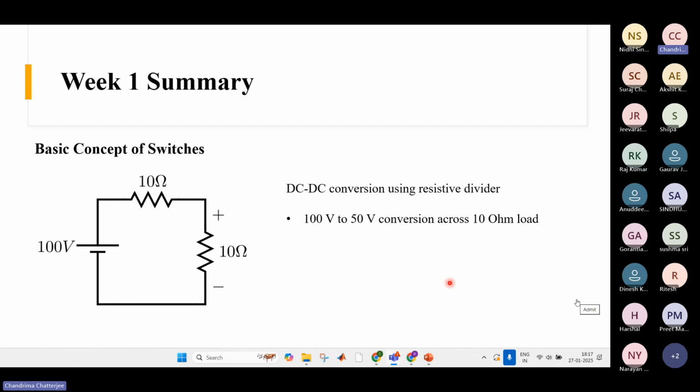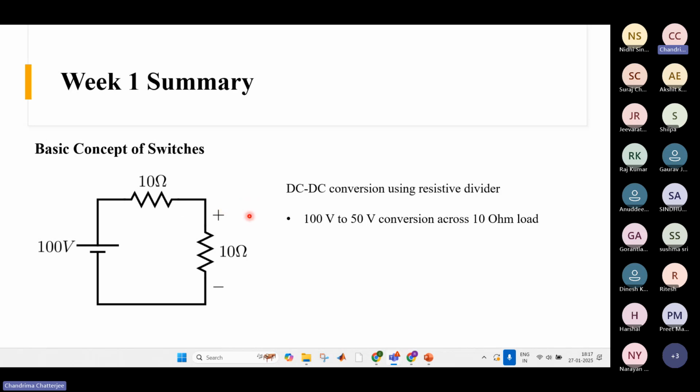You were right. So the problem is that even though you are getting a lower amount of voltage, half the voltage is getting dropped across this resistor, and this drop is of no use to you. So the power is getting dissipated across this 10 ohm, which is getting lost as heat. You can't do anything about it.